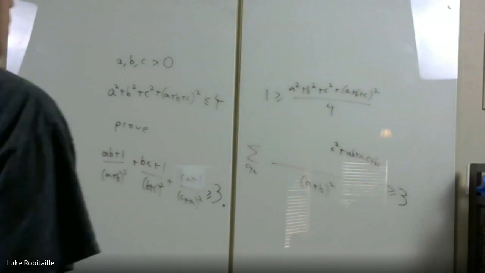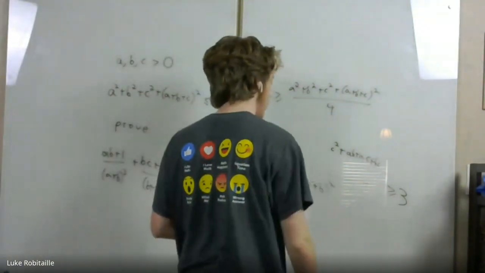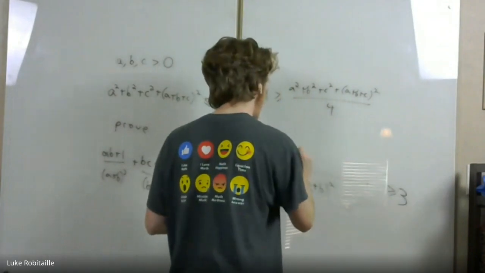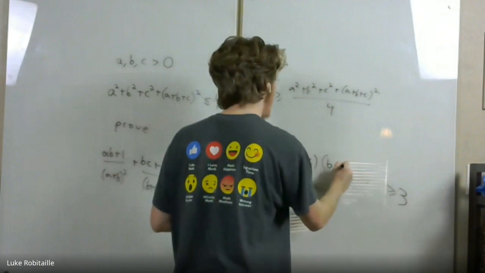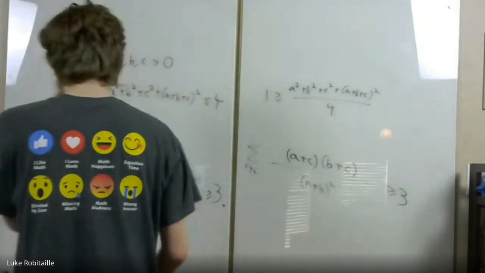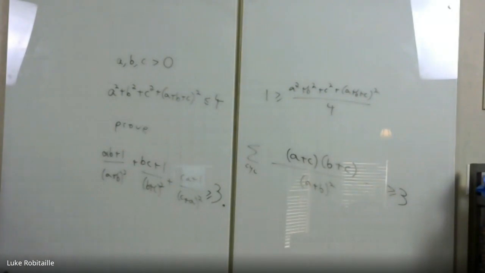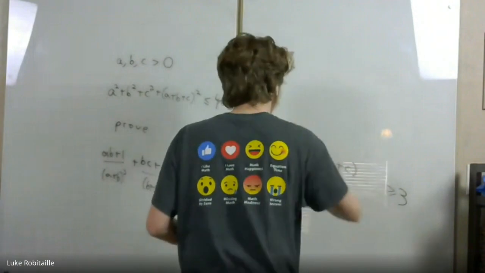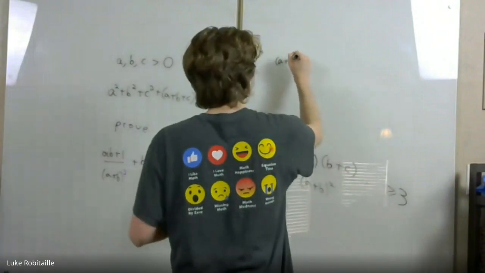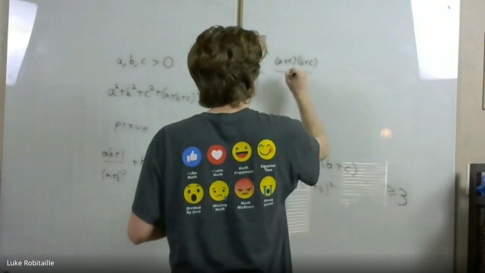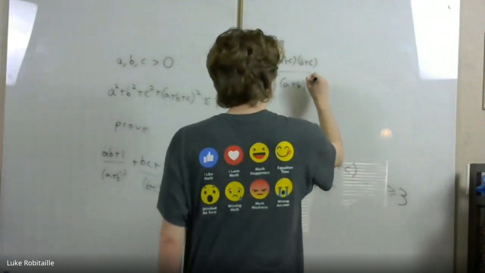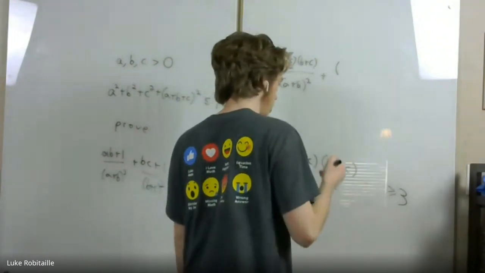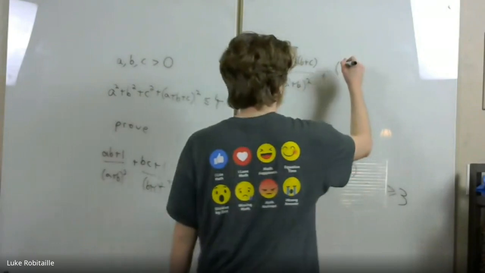Well, look, this expression factors as (a plus c) times (b plus c). We want to prove this. But this is just clear by AM-GM. It's just like this plus, shifting the a to b.